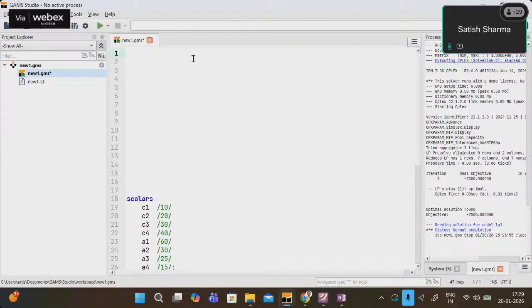So C1 is the cost of generator 1, C2 is the cost of generator 2, and I have defined that they are 10, 20, 30 and 40. These are basically 10, 20, 30 and 40, you can see. Okay. Can I zoom it more?